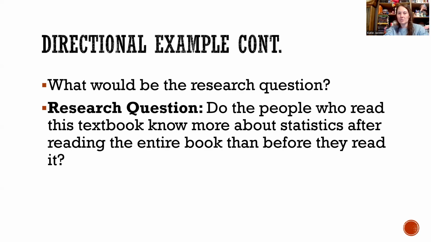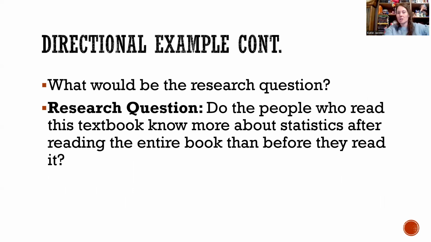All right, so our research question is: do people who read this textbook know more about statistics after reading the entire book than before they read it? So here you'll see when we're writing our hypotheses directionally, that when we look at a research question, we're trying to see if one group has more, right? We think that after people have read it, they should know more, right?